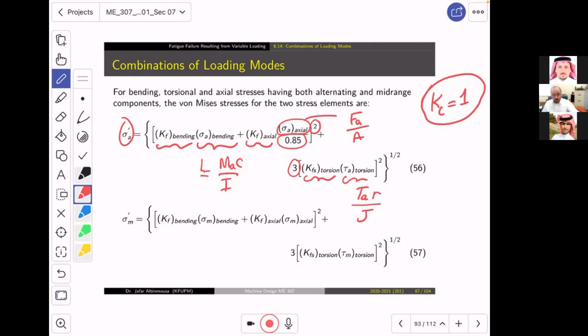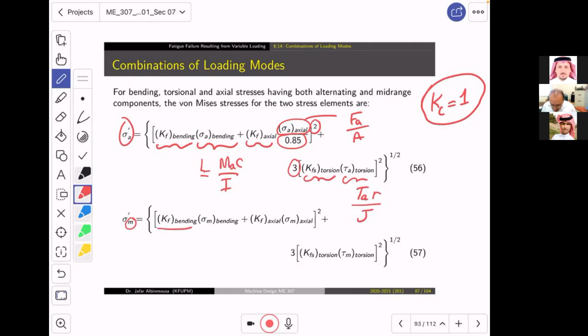Down, the same equation. You just change A with M. So this is the mean. This is K_F for bending. The bending K_F, guys, has nothing to do with amplitude or mean. It has nothing to do with them.